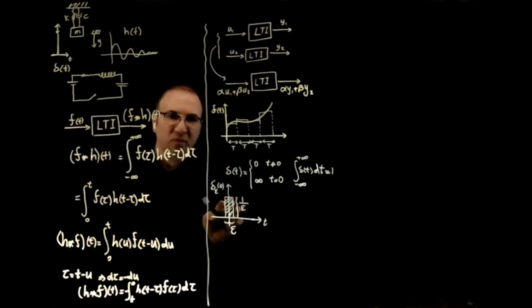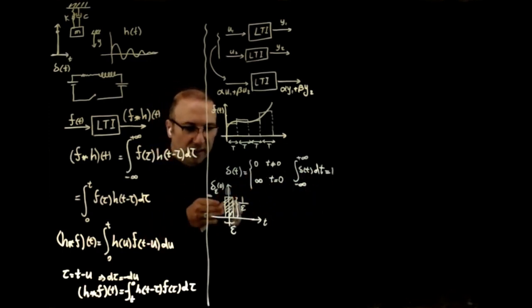Now, if I make epsilon go to 0, then 1 over epsilon becomes higher and higher. But at the same time, I keep the integral equal to 1. And the range that I define, delta epsilon, becomes smaller and smaller. So you can think of the limiting case as being defined just at 0.